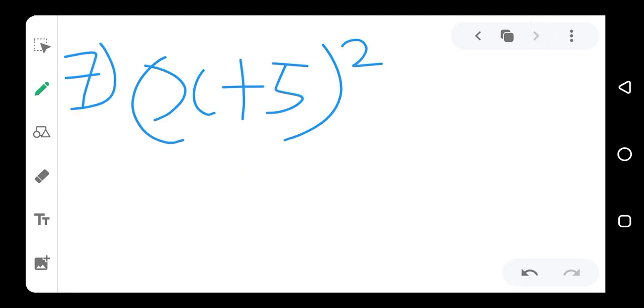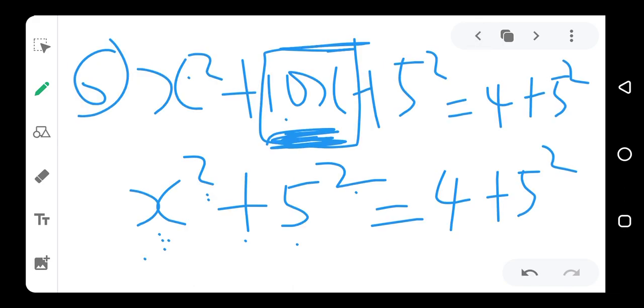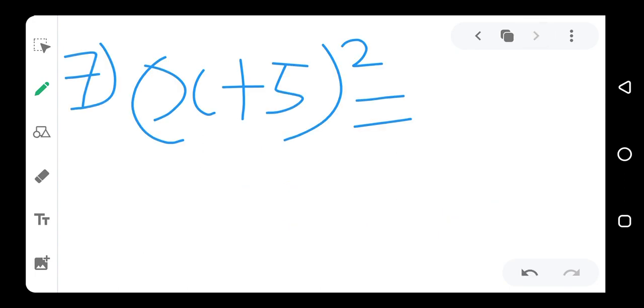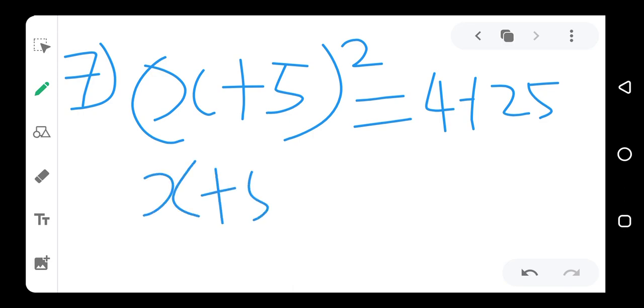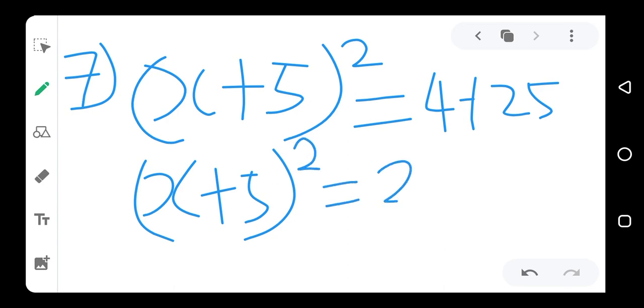So we have x plus 5, everything raised to power 2. Now equate it to the right hand side, which is 4 plus 5 squared. 5 squared is 25. So this means that x plus 5 raised to power 2 is equal to 4 plus 25, which is 29.